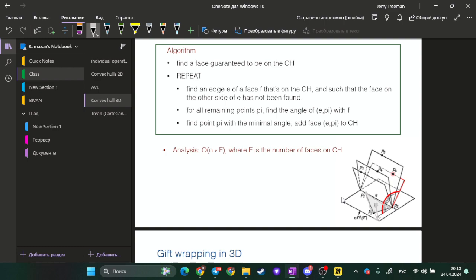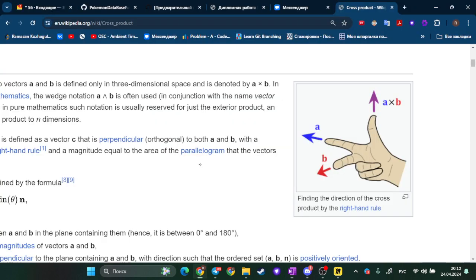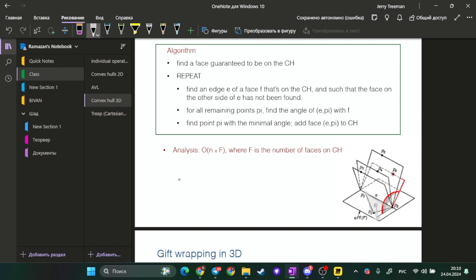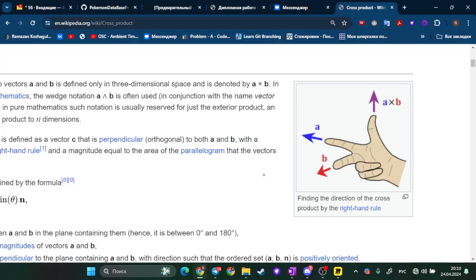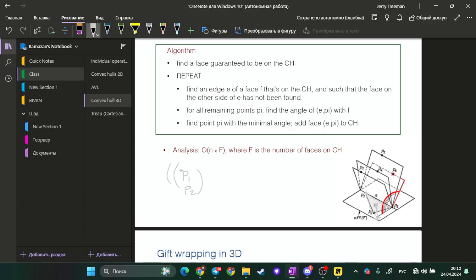You need to take the vector p1p2 and multiply it by p1p3, let's check it.